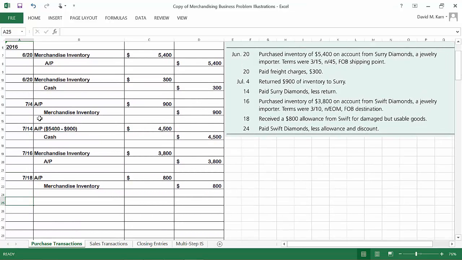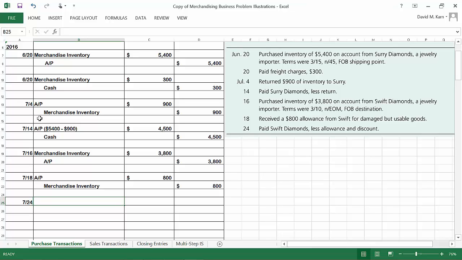Okay, then we get to the last one, which is the 24th. Oops, escape. So it looks like I changed that there. Okay, so let's go to 7/24 here. We paid Swift Diamonds less the allowance and the discount. So the thing that we have to do here is be a little careful how we handle this.